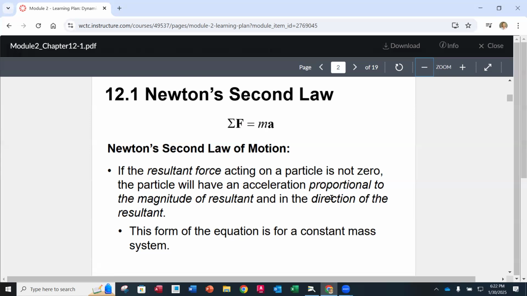This form of the equation always assumes that we have a constant mass and that mass isn't changing. So again, acceleration is when we have a resultant force, we have a force that's left over here, and now we're actually speeding up and or slowing down.